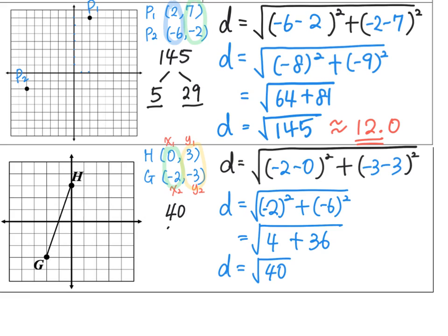So 40 has 2 factors, yes, we can do 4 and 10. There you go. We already found the perfect square number, 2's, right? So that means we can write it as 2 square root 10. If it was asking for an estimate, let's do the tenth place. That will be equal to 6.3.